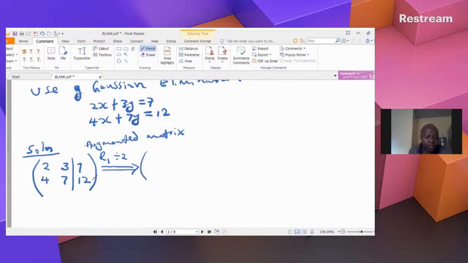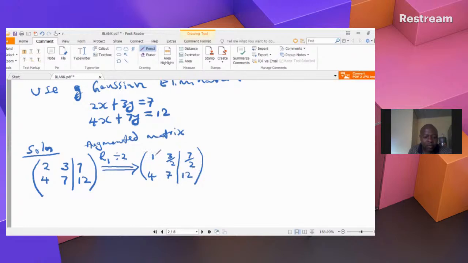So when I divide row 1 by 2, I have 1 there. Then I have 3 out of 2. You can also use decimals, but I've decided to use fractions here. I have 7 out of 2. Row 2, I've not touched it, so I just write it the way it is.